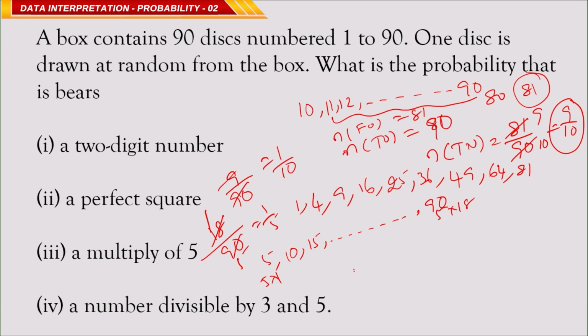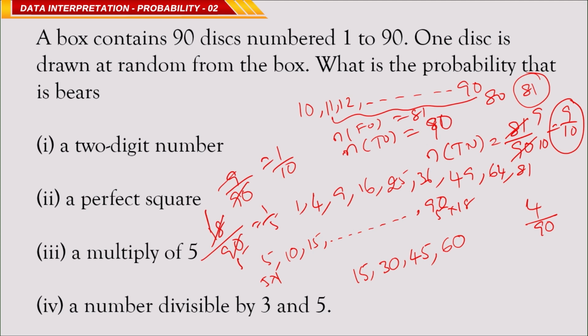So, 15, 30, 45, 60, that's all. So, the favorable outcomes is how much? 1, 2, 3, 4. 4. Total outcomes is 90, so 4 by 90.